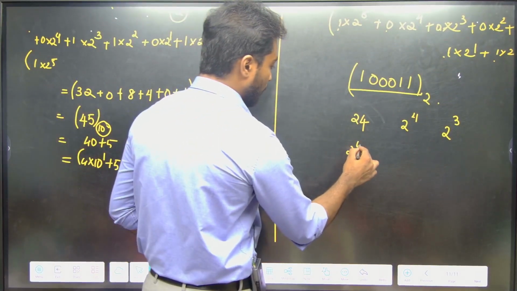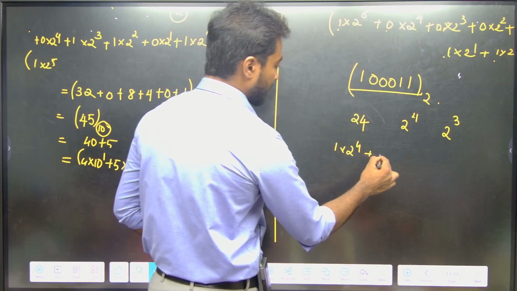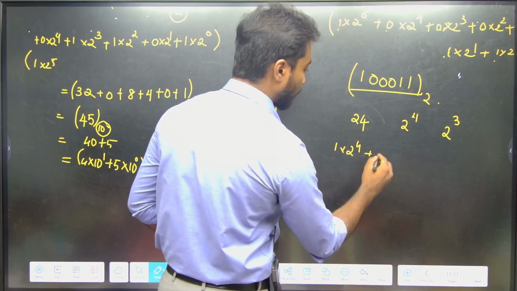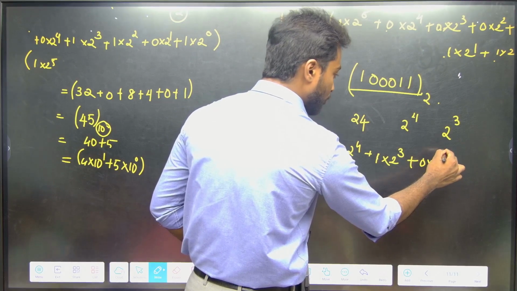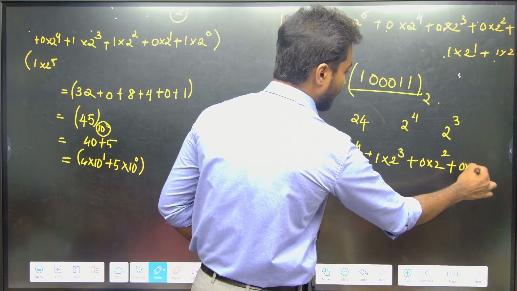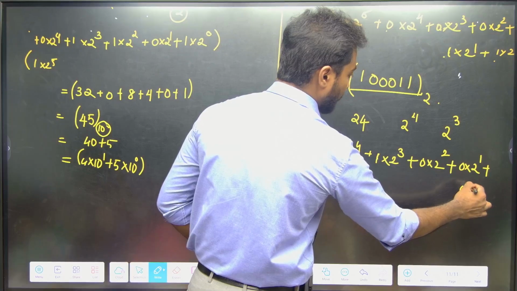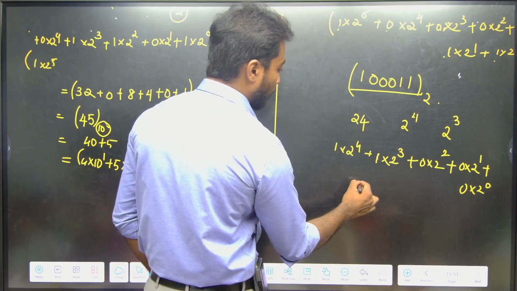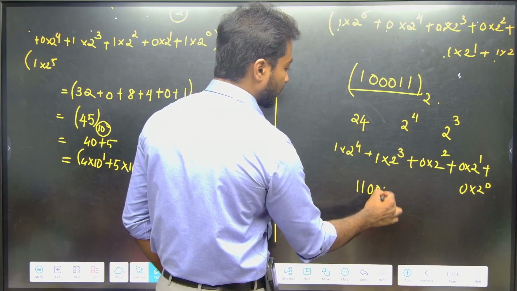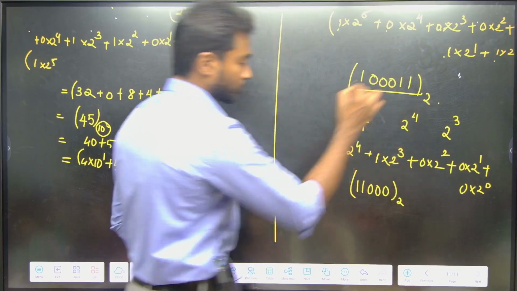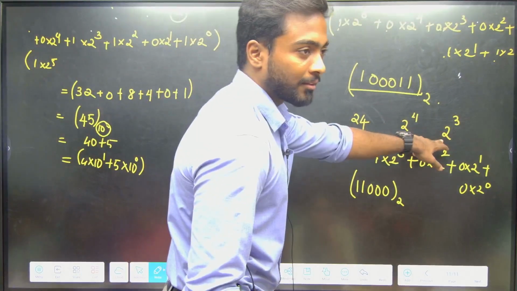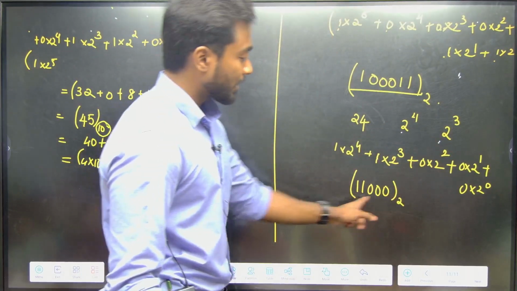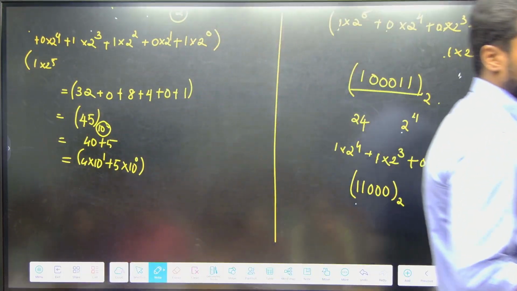So 1 into 2 power 4 plus 1 into 2 power 3 plus 0 into 2 power 2 plus 0 into 2 power 1 plus 0 into 2 power 0, which is nothing but 1 1 0 0 0. This is my binary system. So whatever the 2 powers are there, for those I will keep it as 1, for the remaining 2 powers I will keep it as 0.